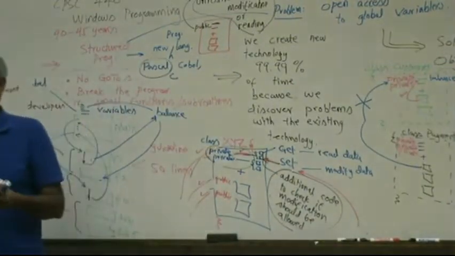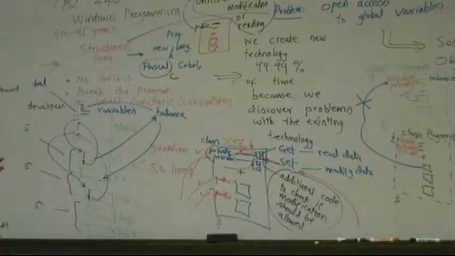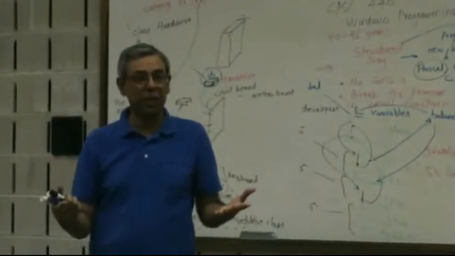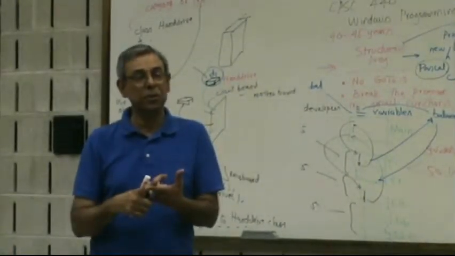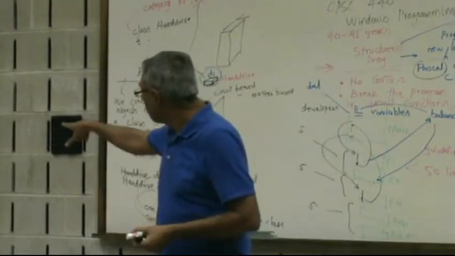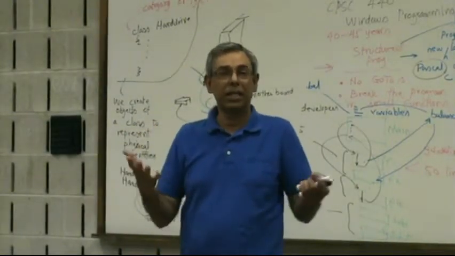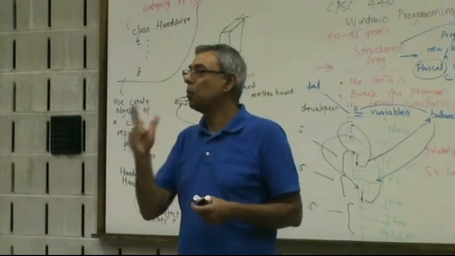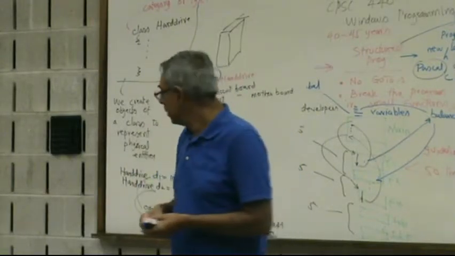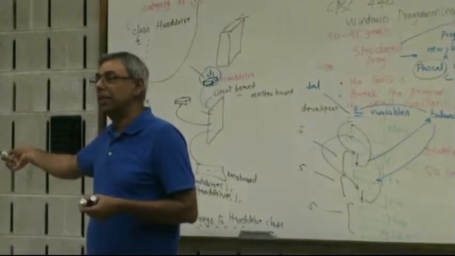Okay, so think of it this way. Let me give you an analogy, then I'll come and explain it over here. Let's say you wanted to take this C# class. So I have 2 choices. We open these doors. Anybody can walk in and sit down and take the class, right? Or the other option is we put a gatekeeper over here.